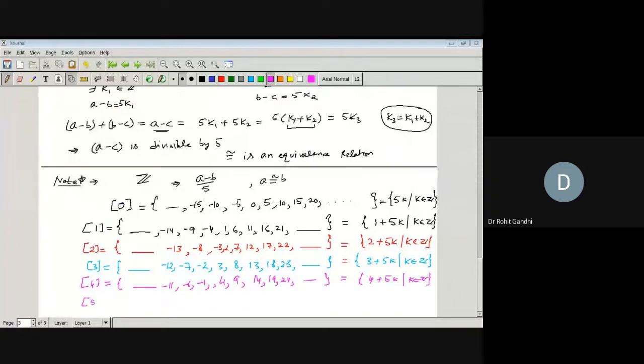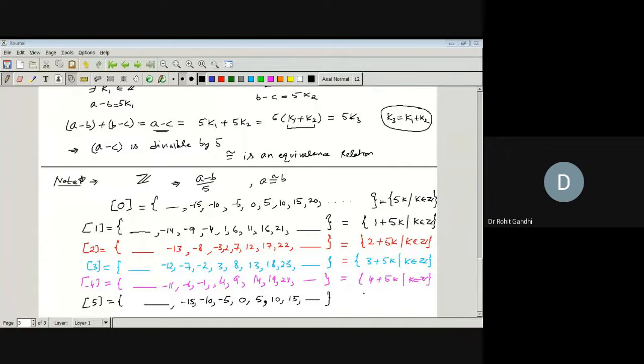Who will tell the equivalence class of 5? Purnima Thakur. Sir, -10, -5, 0, 5, 10, 15, 20, and so on.